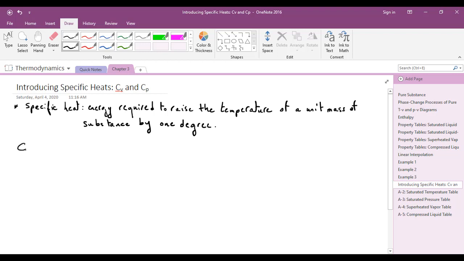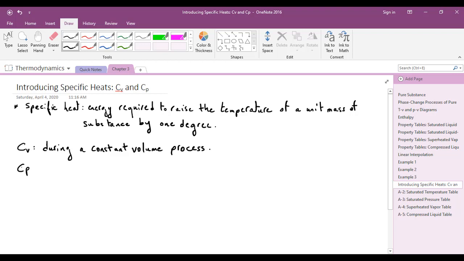For CV, the energy supplied to the unit mass of substance should be supplied during a constant volume process. So in order to raise 1 kilogram of a substance by 1 degree, we need to supply energy during a constant volume process. This amount of energy will be called CV.